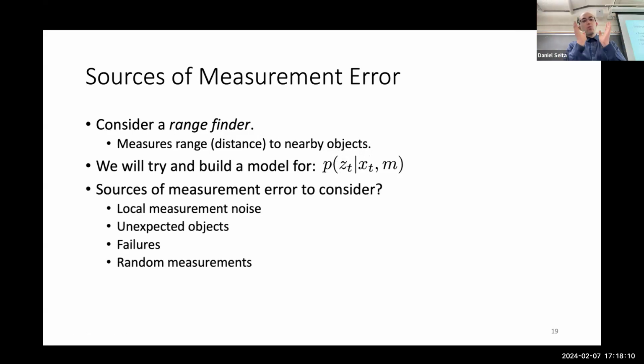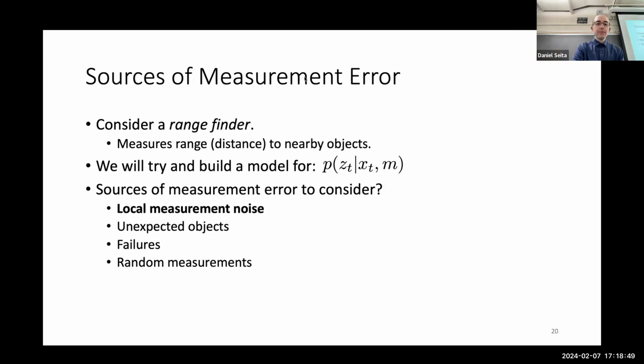All right. One potential model here is to consider these four different sources of measurement error. You might have local measurement noise, unexpected objects, random failure, and random measurement. For each of these four, we'll think about what the sources of error are and how they impact the distribution of the sensor that we care about.